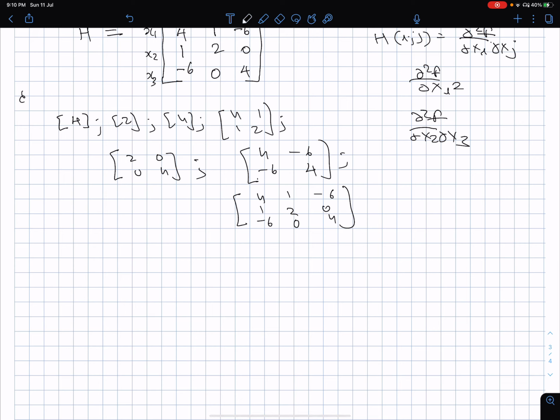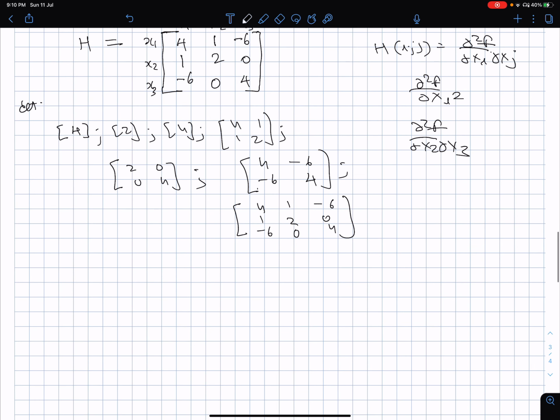Now if all these determinants are greater than 0, then the matrix will be positive definite. So let's see.